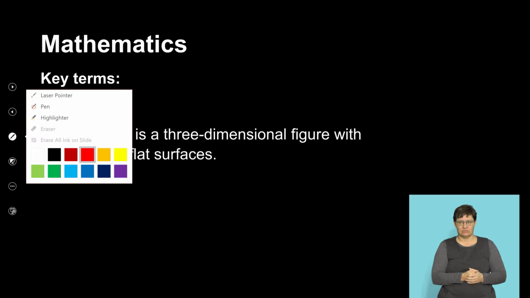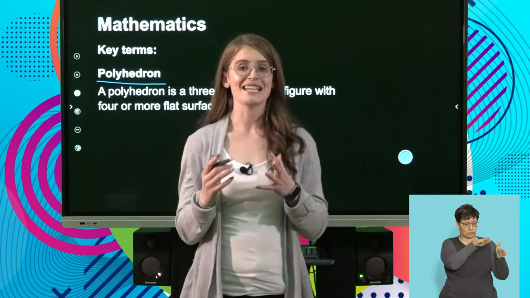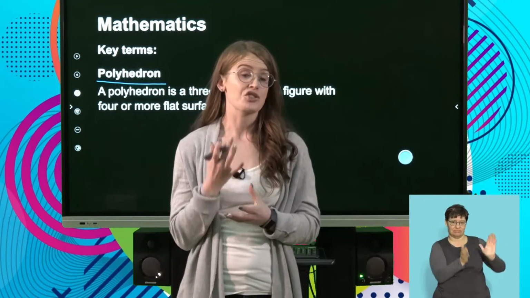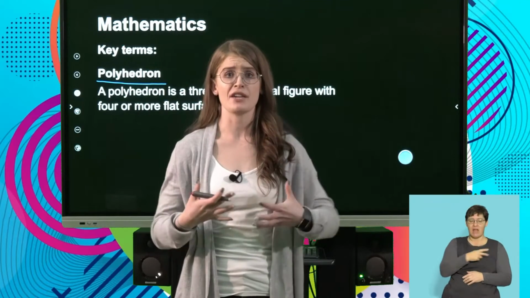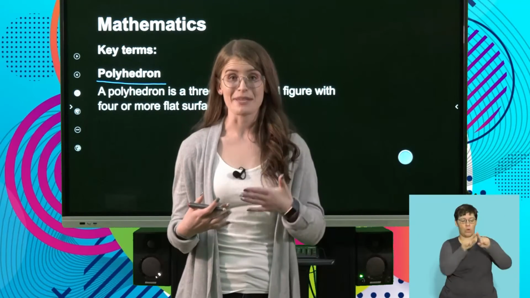So, what is a polyhedron? A polyhedron is a three-dimensional figure with four or more flat surfaces. So, everyone, a polyhedron is essentially any three-dimensional shape. We know that we get two-dimensional shapes, which is essentially if I were to draw a circle or a square on a flat piece of paper.